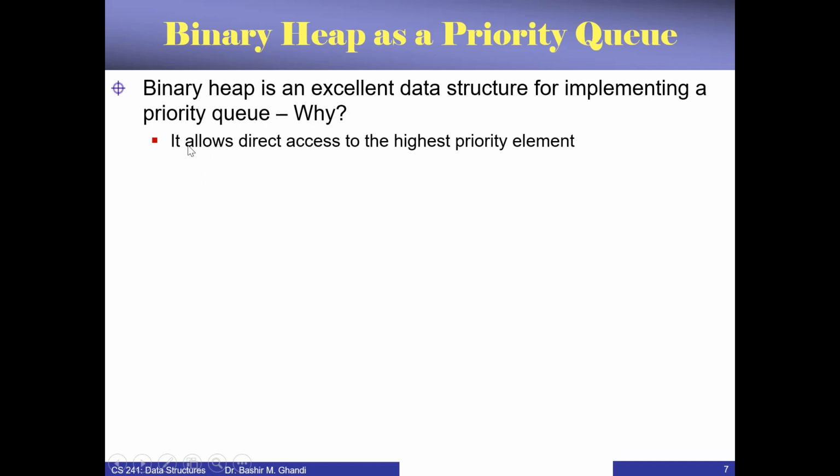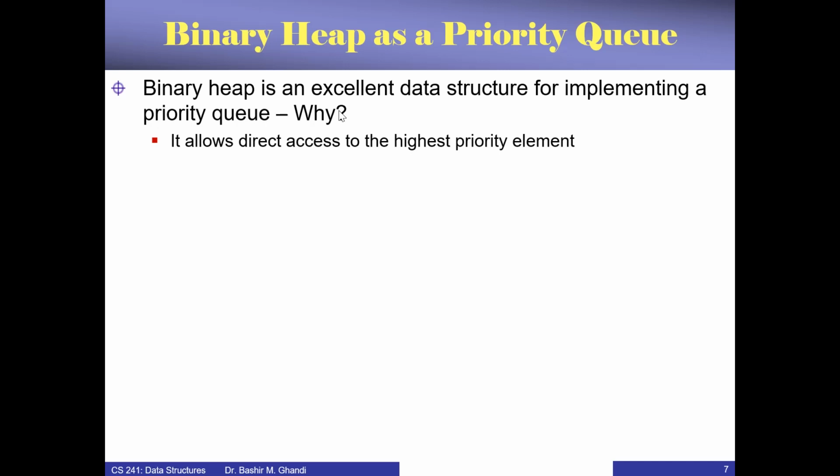And so the point we're making here is, if you consider any of the data structures we have seen so far, AVL and BST seem to be very good, for example, but can you get the smallest element or the maximum element directly? Clearly no, because the maximum element in AVL or BST will be the rightmost element.